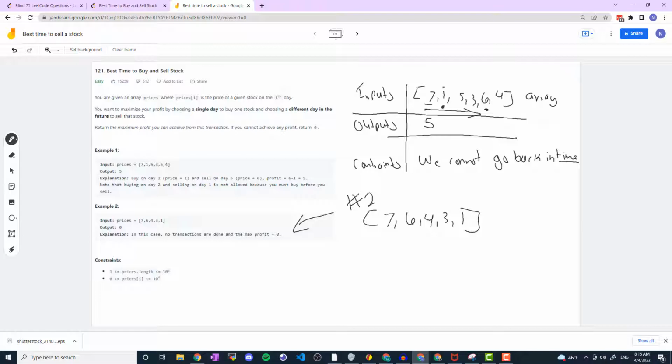In this case, it just turned out to be in a decreasing pattern. That means that any day we try to buy something, we'll be at a loss for every single day. So in this case, when our profit goes into the negative, we return 0.